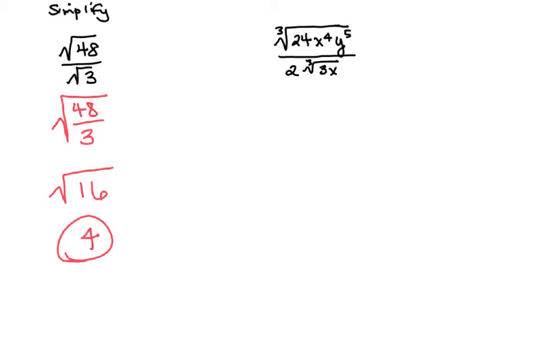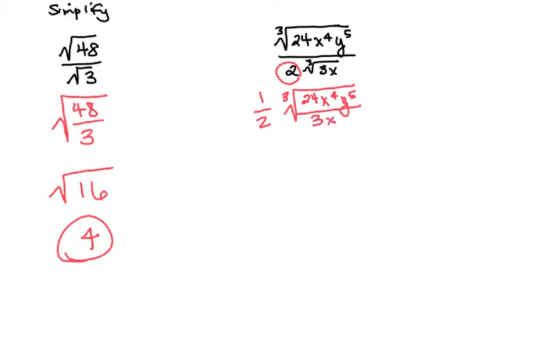This one, we're going to see we have a cube root, and this 2 is not under any radical sign. So we've got to keep that in mind. It's hanging out in the denominator. So I'm going to pull it out and call it 1/2 and let it just sit out here while we simplify what is inside the cube root. And that is 24 x to the fourth y to the fifth over 3x.